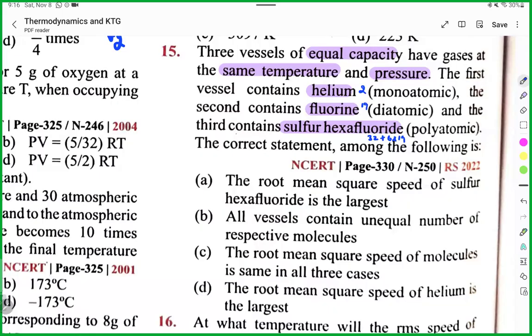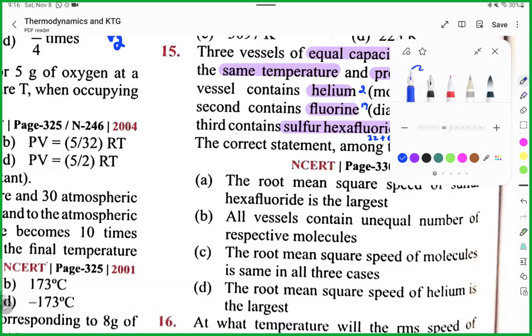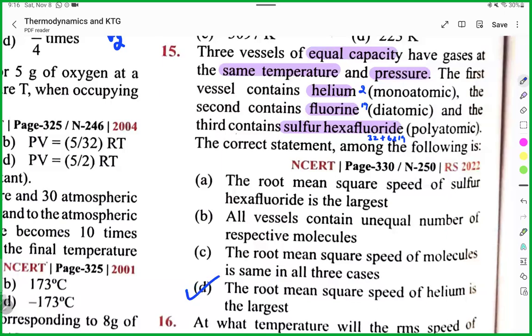Now all of you have to tell me what is your answer. Barinder. Option D. Option D. Anvita.